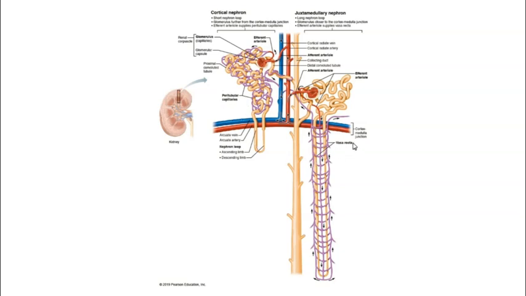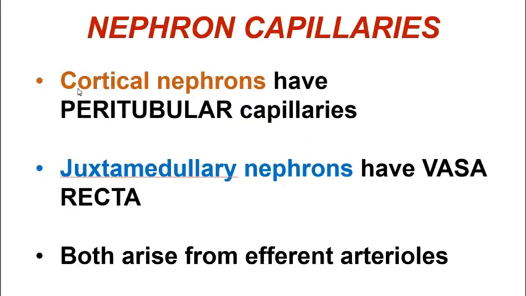In juxtamedullary nephrons, those blood vessels are called vasa recta. Cortical nephrons, as I mentioned, have peritubular capillaries that surround the renal tubules. Juxtamedullary nephrons have what are called vasa recta that surround their renal tubules, and the vasa recta are mostly surrounding the nephron loops.